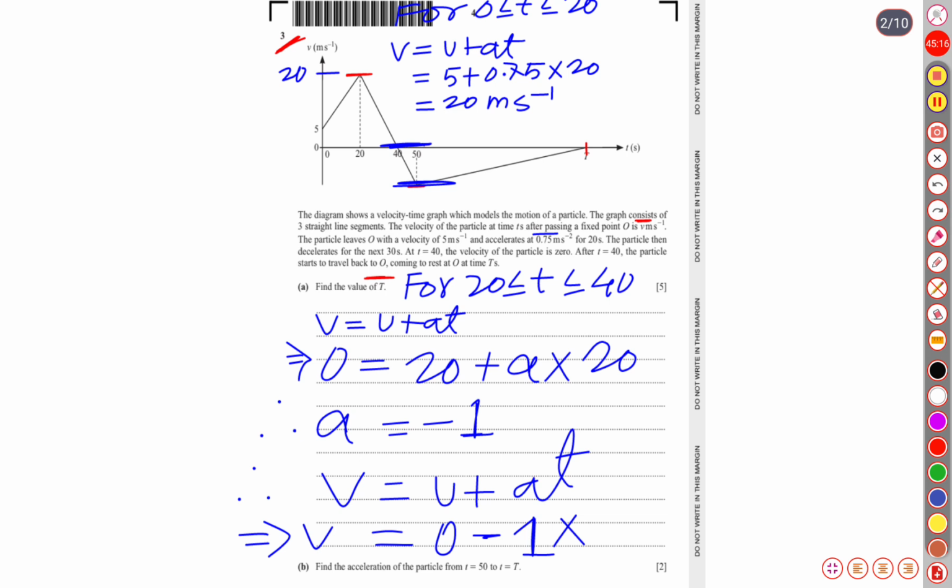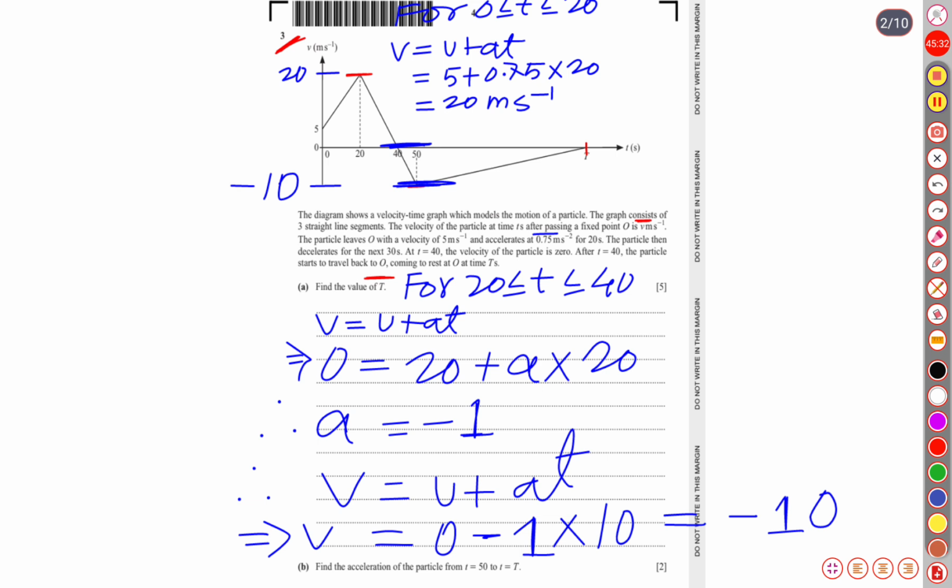It took 10 seconds to reach this velocity. Hence our velocity is going to be -10. So now we can write here, it is actually -10.